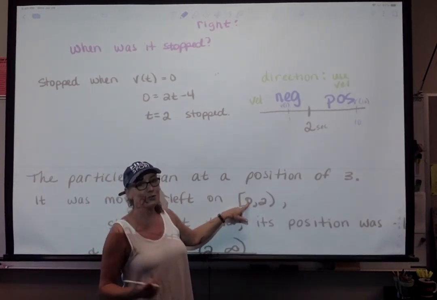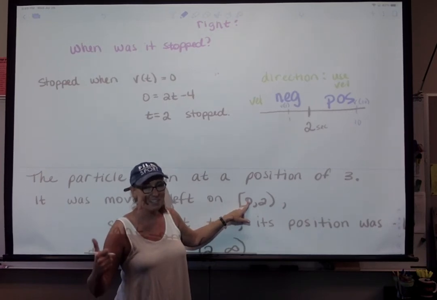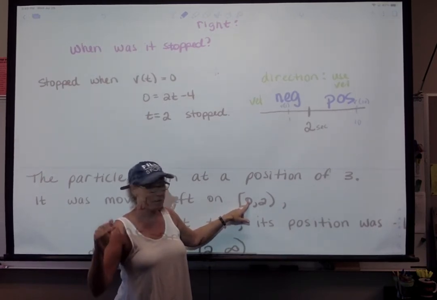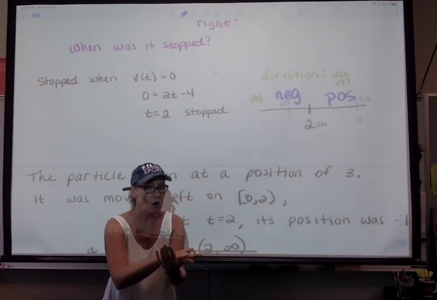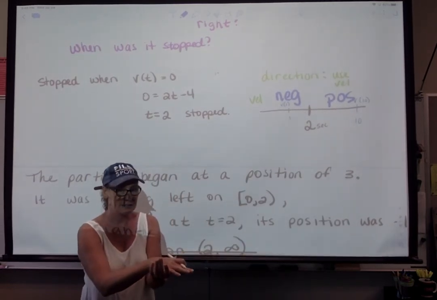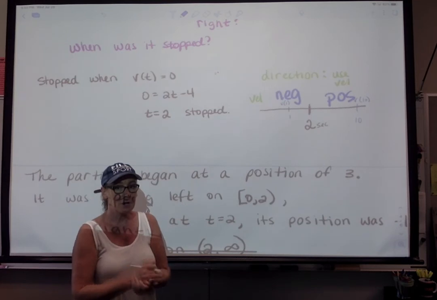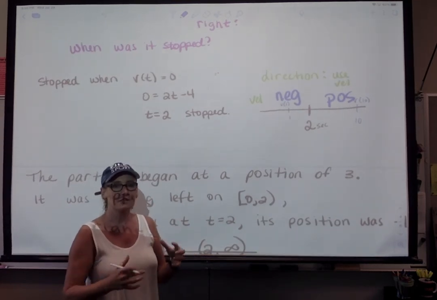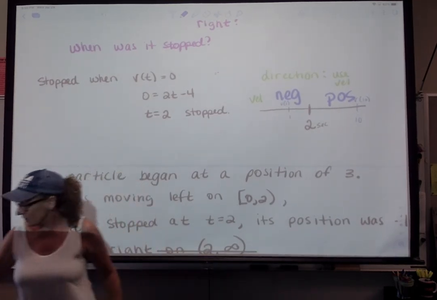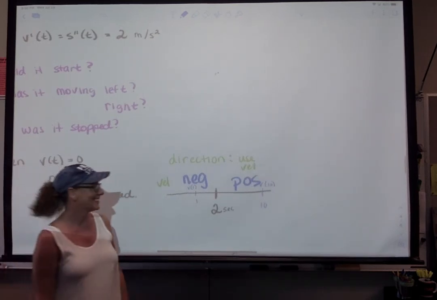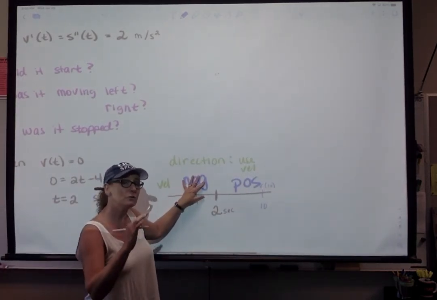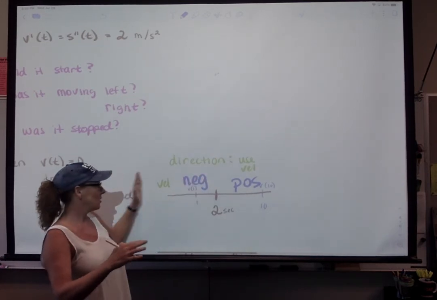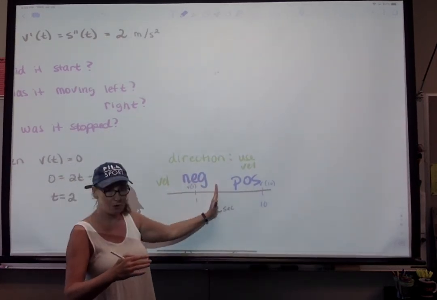Notice I did not include negative infinity in my time. No negative values for time. And why did I put a bracket around 0? Because 0 is the moment the experiment began. And remember, the particle was already doing its own thing. Technically, velocity is negative for all values of t from negative infinity to 2.